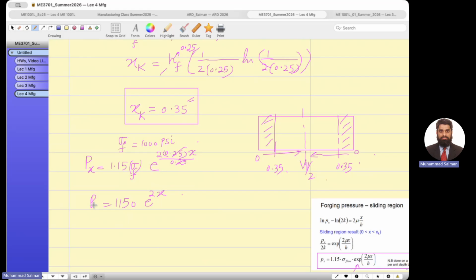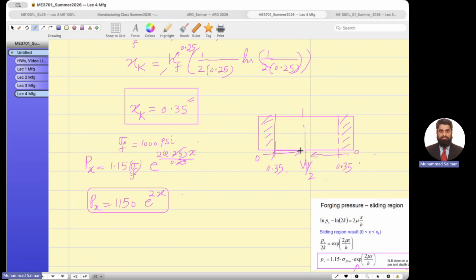If you plug this into MATLAB, you can find out the pressure at every location up until the sliding value 0.35, which in our case is x_k. You see my point, guys? Try to understand this. Up until this point, this is 0.35.